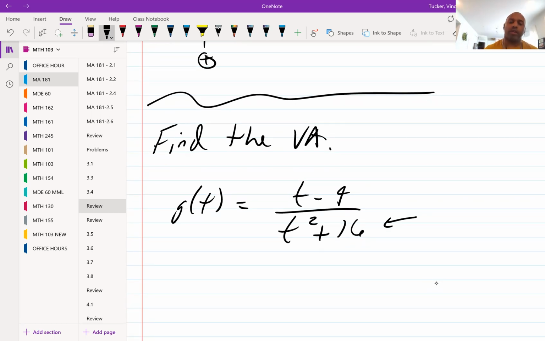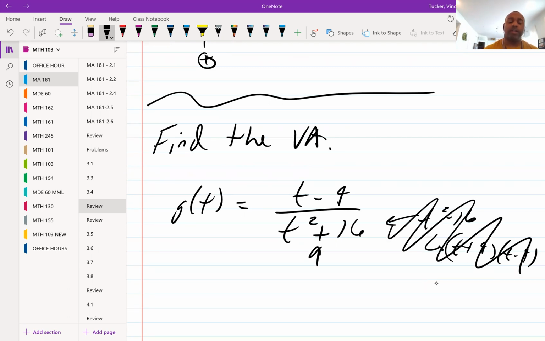Denominator is t squared plus 16. Now, if this was t squared minus 16, then we could factor it, have t plus 4, t minus 4, some things can cancel out for us, and we'll be able to move forward and find the vertical asymptote, but that is not the case. It's t squared plus 16, and that cannot be factored.